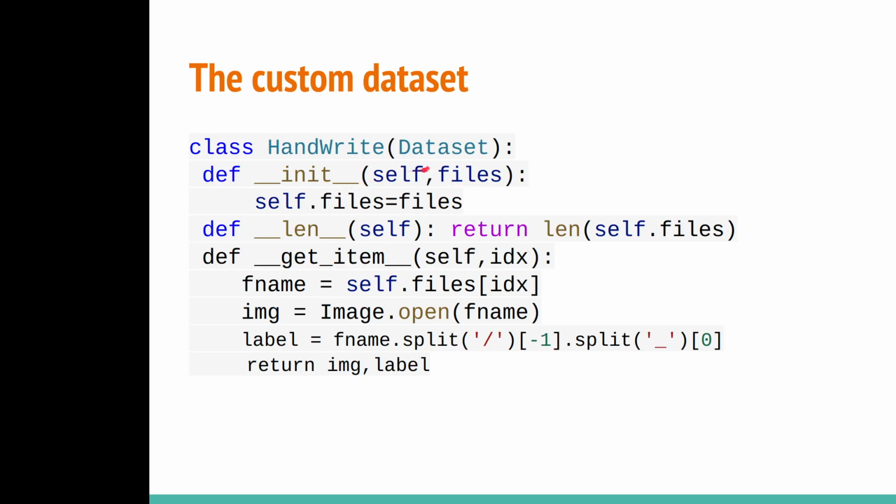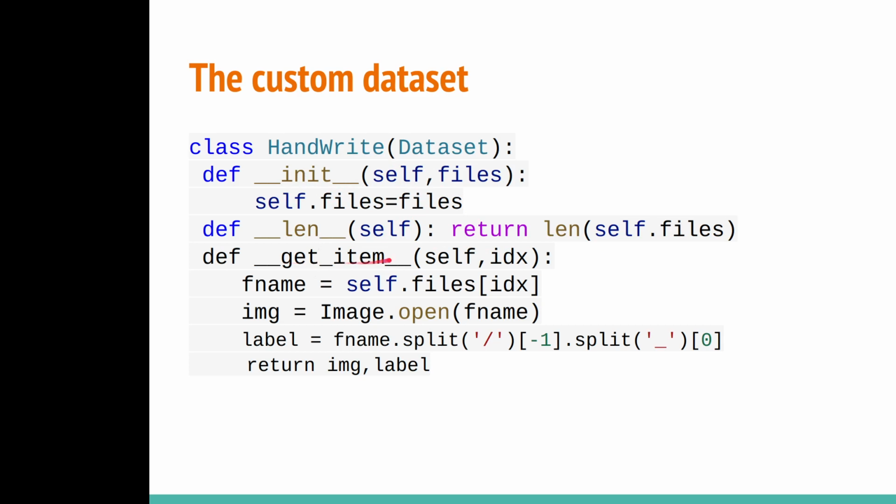Okay, so for the custom dataset, its implementation is quite simple. We have the constructor, init, which will just save the file list. And for the length function, since this is a file list, we just return the number of files to be the number of samples in the dataset.